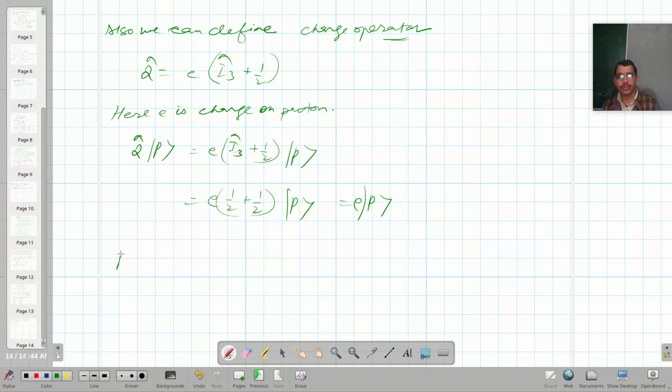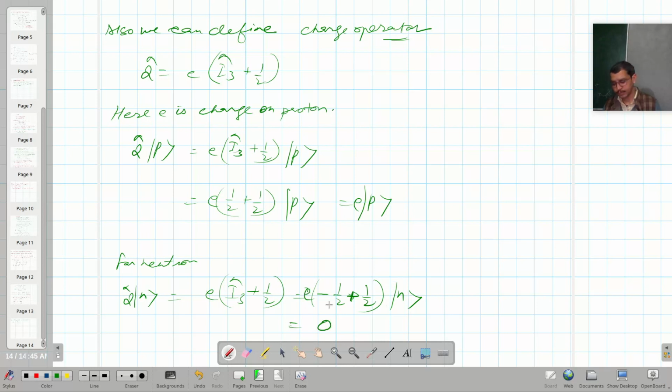Also for the neutron, we can do it like this. So it is e times I3 plus 1 by 2, but for the neutron I3 is equal to minus 1 by 2, so acting on the neutron it is simply 0, right?